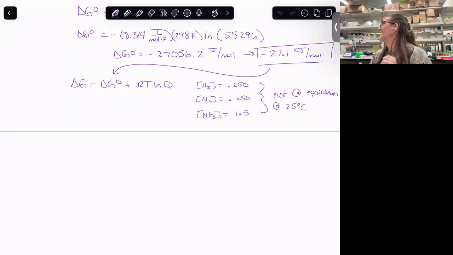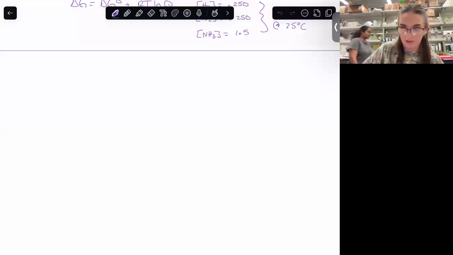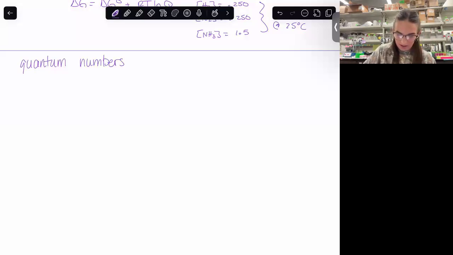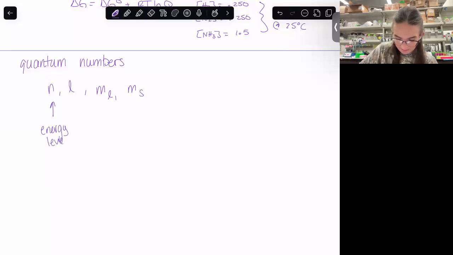Anything specific that we want to see? Yeah, absolutely. So when we look at orbitals or just quantum numbers in general, our n, l, m sub l, and m sub s all have different rules. So our n tells us our energy level. The higher the number, the higher the energy level.